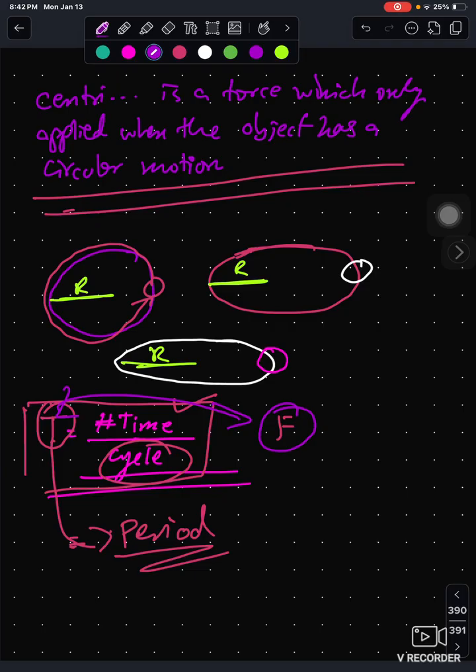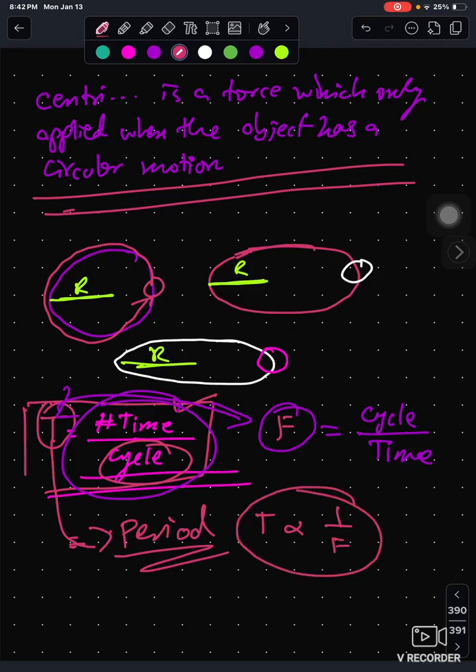Frequency is the number of waves passing through a certain point in a certain time, which is cycles over time. It's the reciprocal of T, because the period is inversely proportional to frequency. So this could be written as 1 over T.